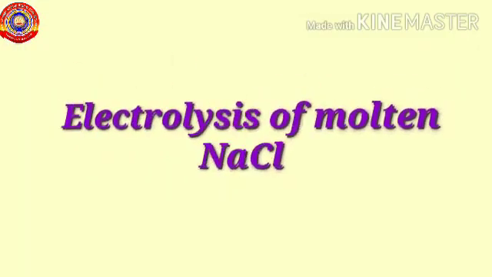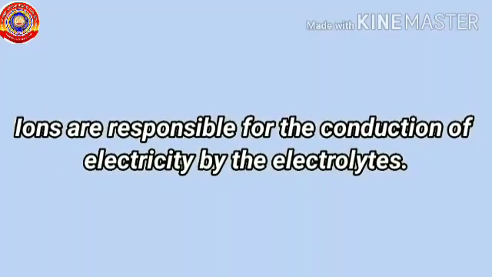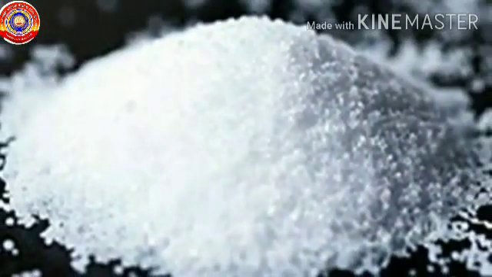Electrolysis of molten sodium chloride. We know ions are responsible for the conduction of electricity by the electrolytes. But NaCl in solid state is not an electrical conductor because its ions have no freedom of movement.